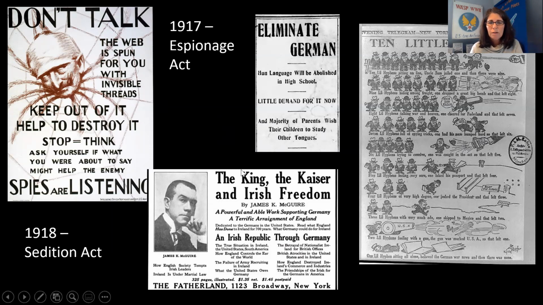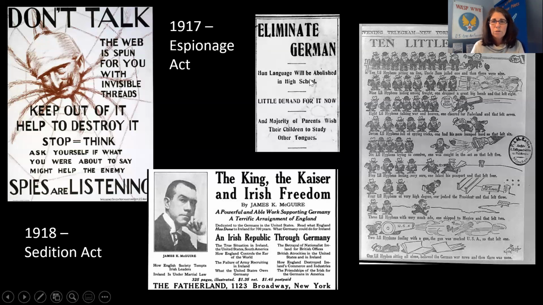Remember, the Irish hate the British. Ireland wanted to be free. In 1917 you have a great Irish rebellion called the Easter Rebellion. If you want to look that up, it's very interesting. So many Irish leaders would rather Germany survive than England, because if England fails, then maybe Ireland can be free.